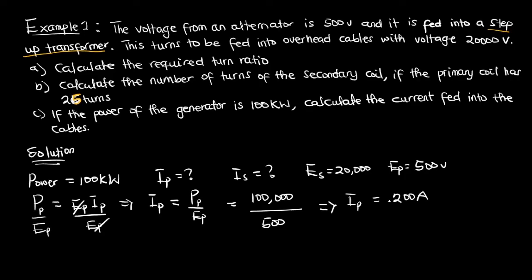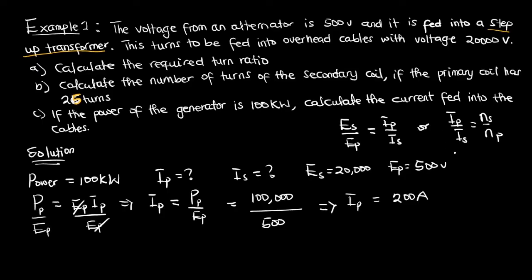Now that I have my current, there are so many ways I can go about this to find the answer. I can either use EMF in the secondary coil over EMF in the primary coil is equal to current in the primary coil over current in the secondary coil, or I can also use the current in primary over the current in secondary is equal to the number of turns NS over NP.